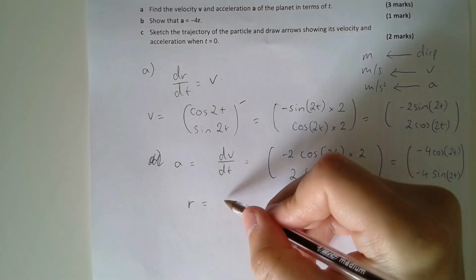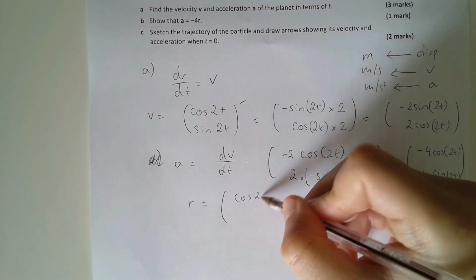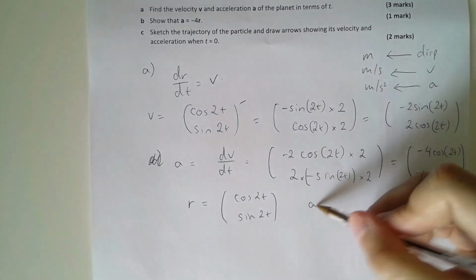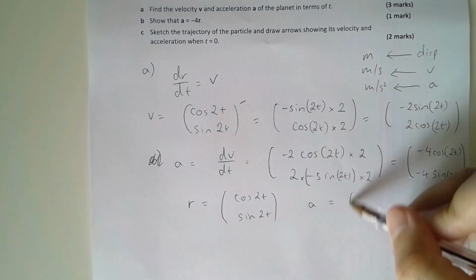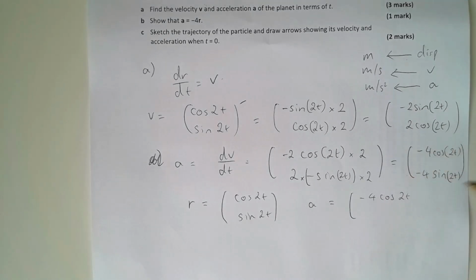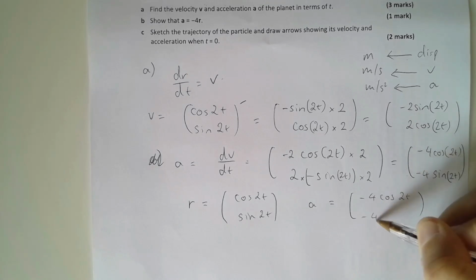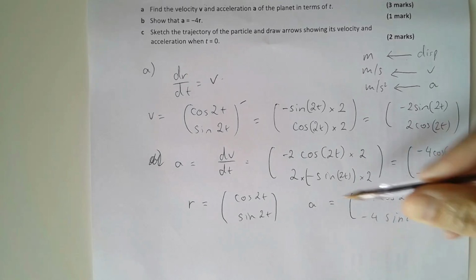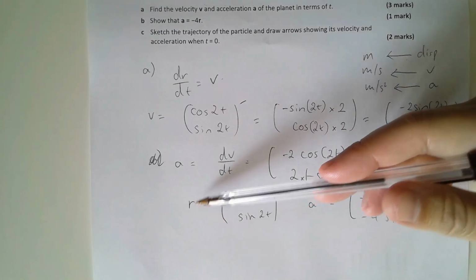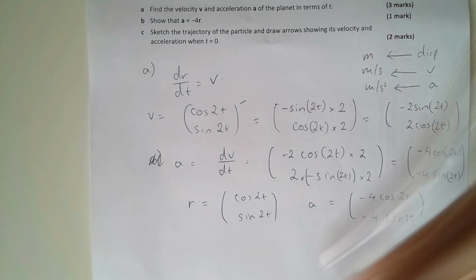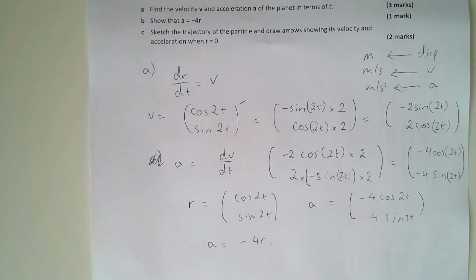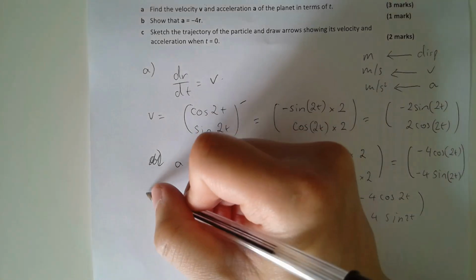R, which is given in the question, is cos of 2t and sin of 2t, and compare to a, which equals that vector, minus 4 cos of 2t and minus 4 sin of 2t. Now you see the ratio here, so minus 4 lots of r equals a, therefore a equals minus 4r. That's done. Only 1 mark anyway. It's quite easy, right? So part B done.